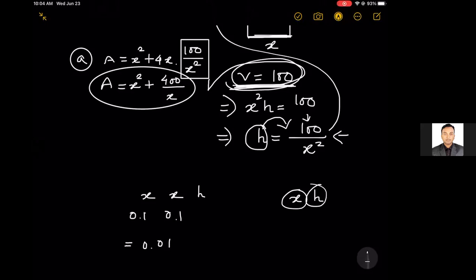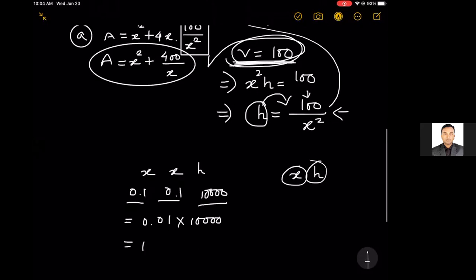So h actually could be, or should be, I would say, 10,000. Because if you multiply 0.1 times 0.1 times 10,000, you will get 100. Is it 10,000? Yeah, I think it's 10,000.